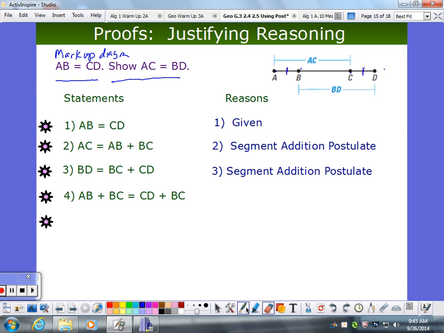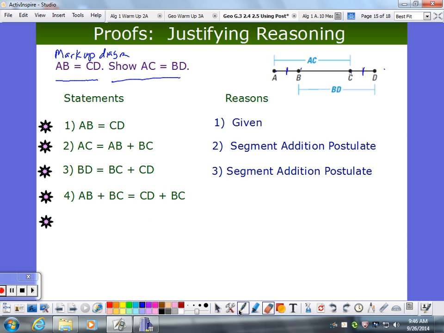From here to here, what happened? AB plus BC equals CD plus BC. Well, it's basically saying this one equals that one, and let's see if we can figure out why. Oh, okay, I see what happened. Okay, never mind. I'm coming back.